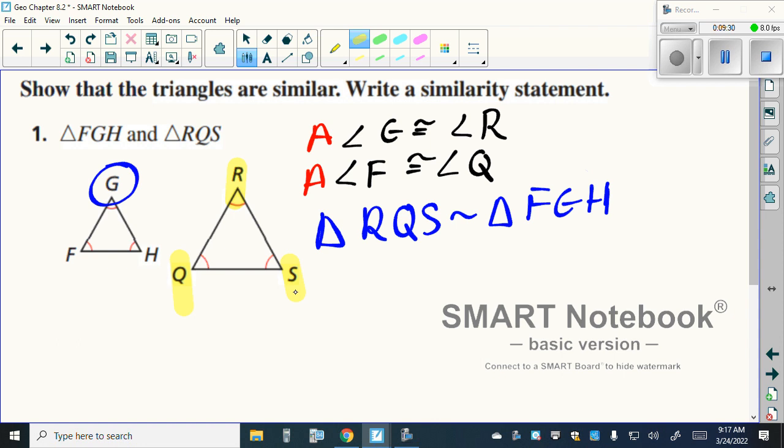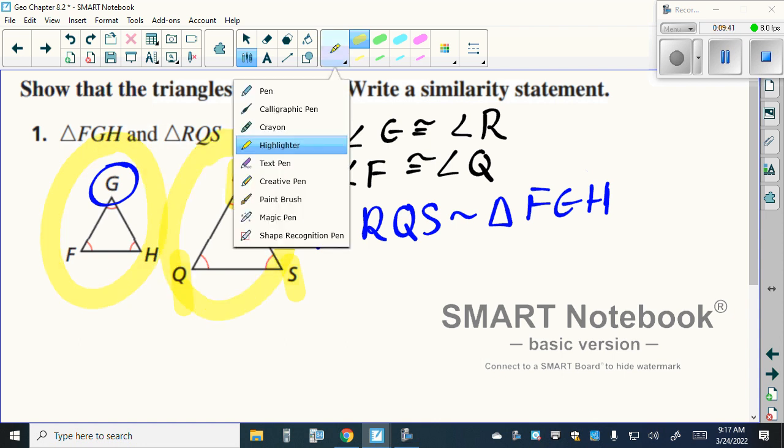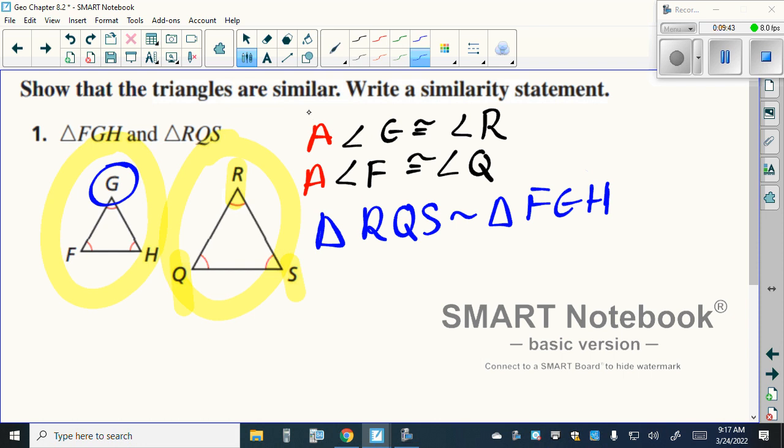Do y'all see that there? This only works if all the angles in this triangle are congruent to all the angles in this. That's the only way this works, where we can really name the similarity statement however we want, because all three angles in one are congruent to all three angles in the other.